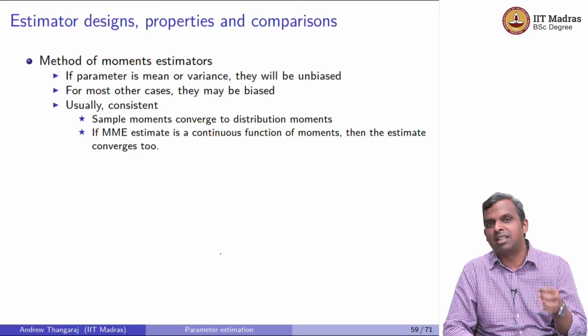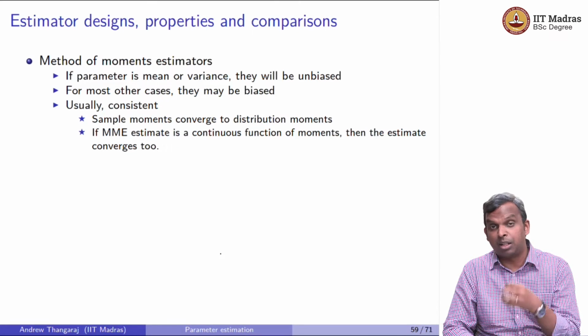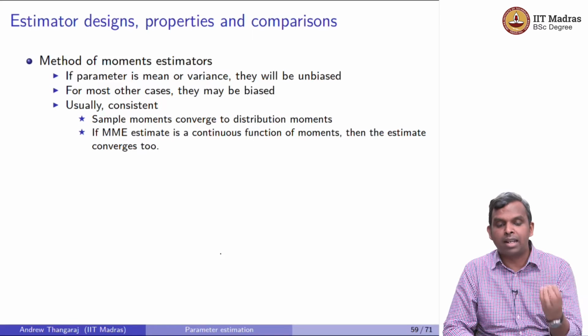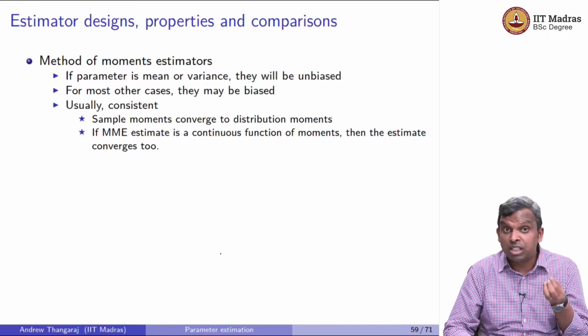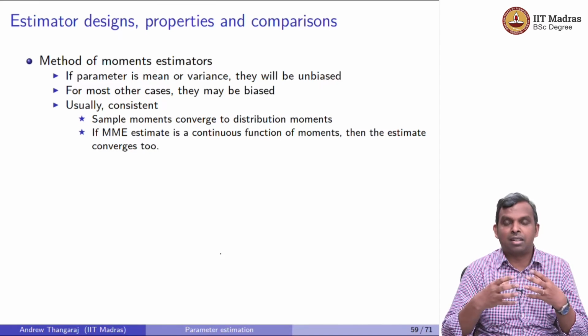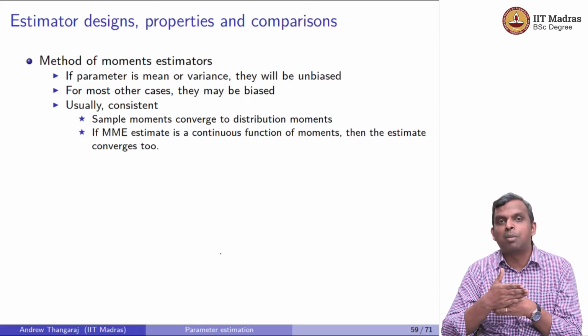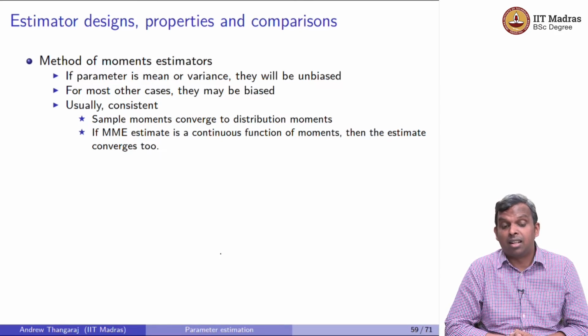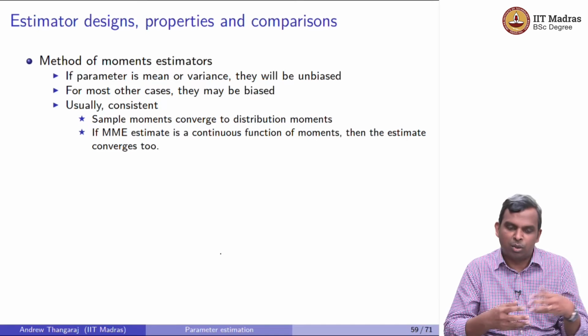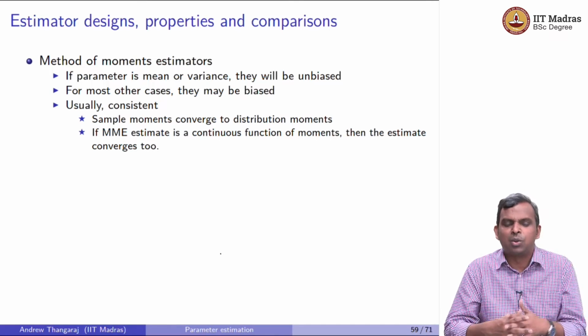If you are estimating the variance, it also gives you an unbiased estimator. But in most of the other interesting cases, where the parameter is not directly a moment, you will have bias. You can go back and look at our examples; in most cases we got biased estimators.